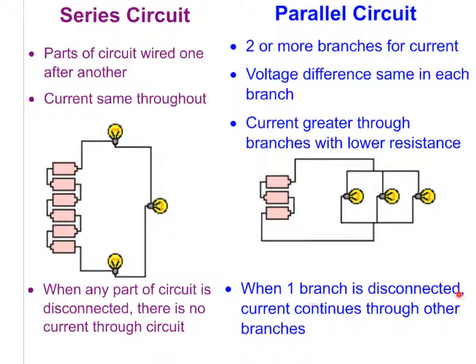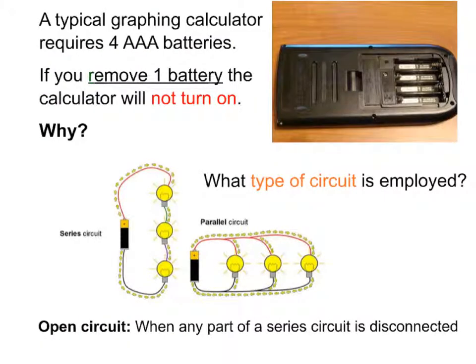When one branch is disconnected in this situation, the current will continue through the other branches. So if we take this component out, current will still continue to flow through the other components. So let's look at an example.